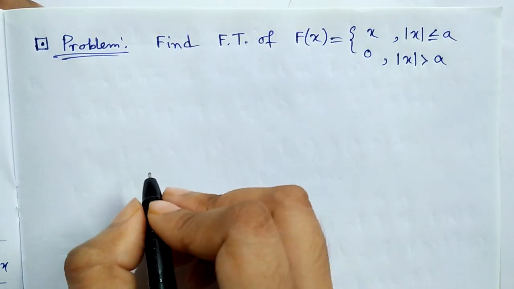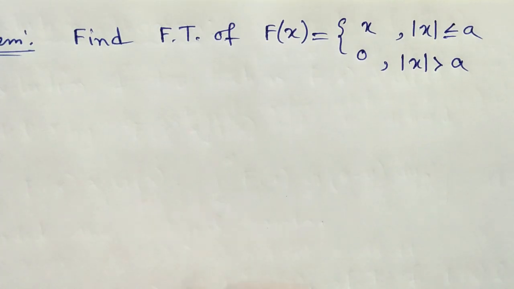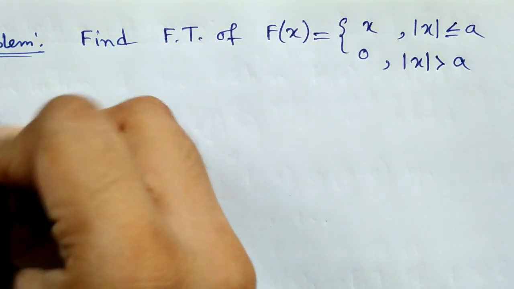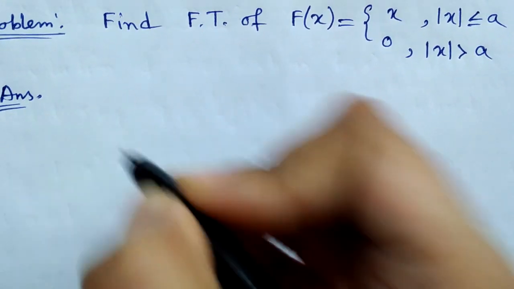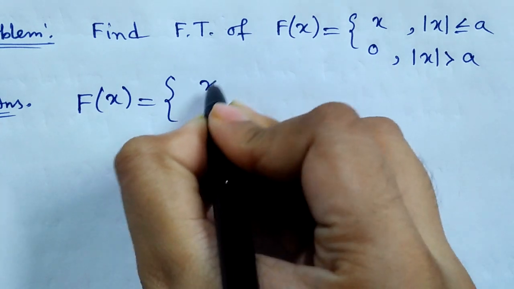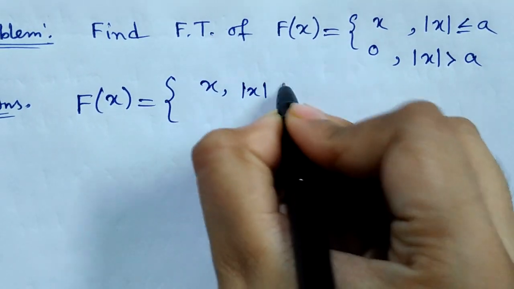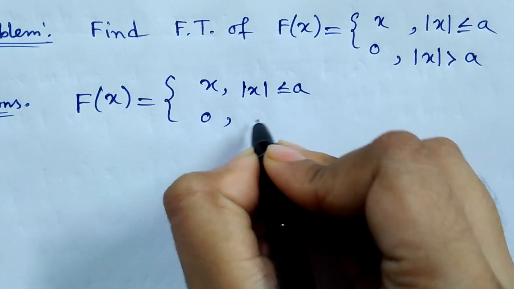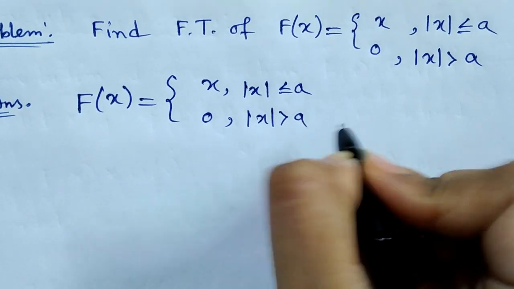This is the function. So, answer: here f(x) is x for mod x less than or equal to a and 0 for mod x greater than a.